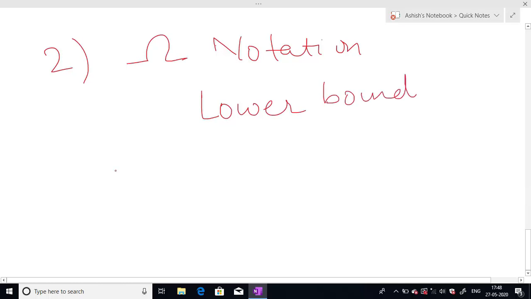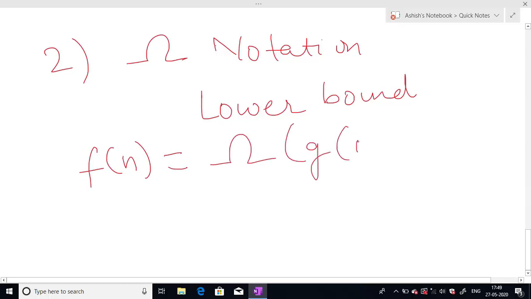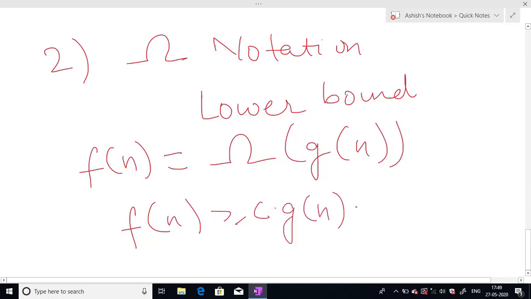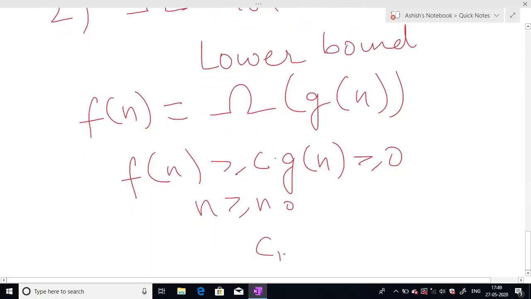For a given function g(n), we say that our function f(n) is big omega of g(n) when f(n) is greater than or equal to c times g(n), which is greater than or equal to 0, again for all n greater than or equal to n naught, where c and n naught are positive constants.